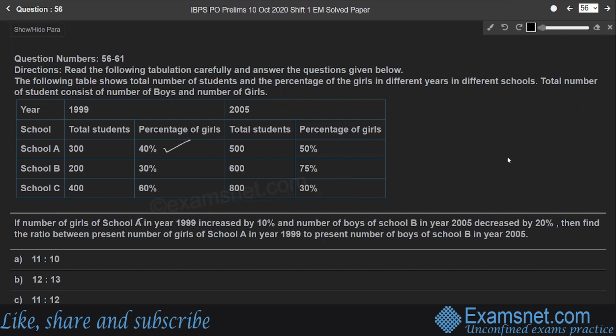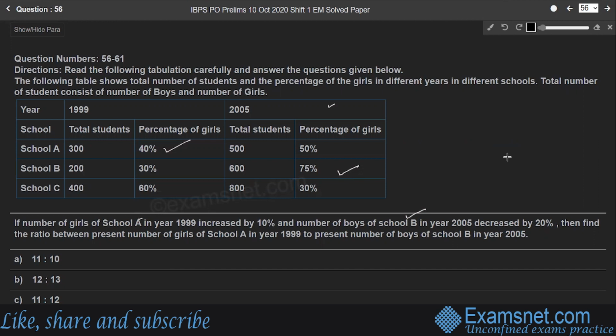So let us find the number of girls in school A in 99 and the number of boys in school B in 2005. In 2005, only the percentage of girls is given for school B, so let us find the number of girls, and later you can find the number of boys in school B. Then we have to find the ratio, right?